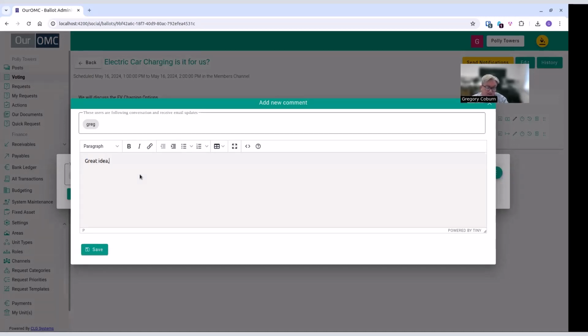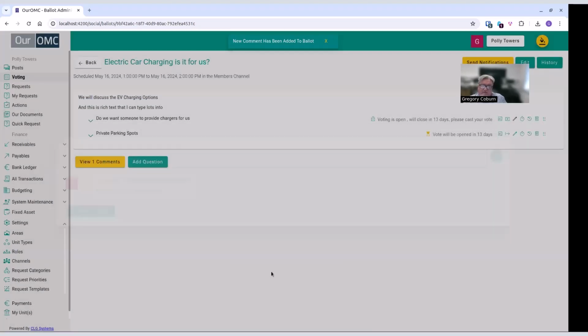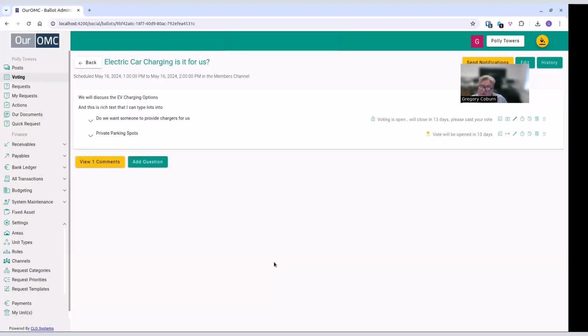Great idea. Thanks for taking the initiative. Not always quite so positive, but let's stay positive for now. It is important though, if you let people comment and they feel that their voice is being heard, we find that it's very helpful. One of the reasons that I believe ROMC is so effective is by giving people a voice, by letting people make comments, by letting people vote, they feel that they're part of the community.